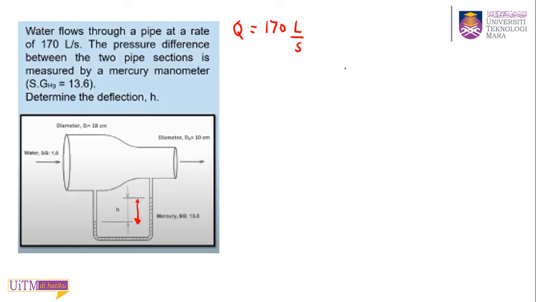Okay, so first, how can you change this 170 into meter cube per second? Because they give you the Q in liters per second, you need to change that into meter cube per second.